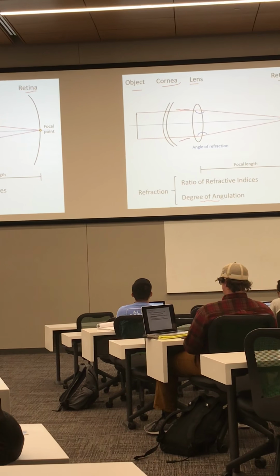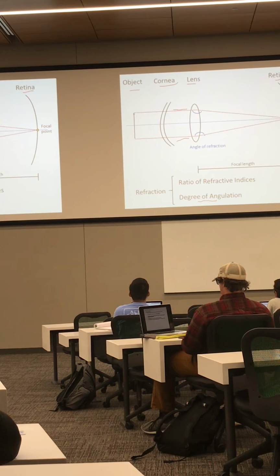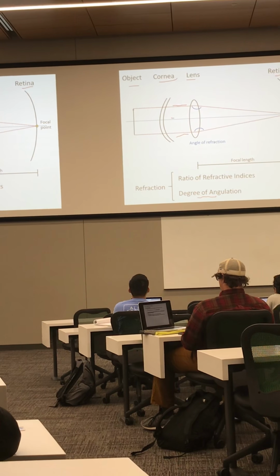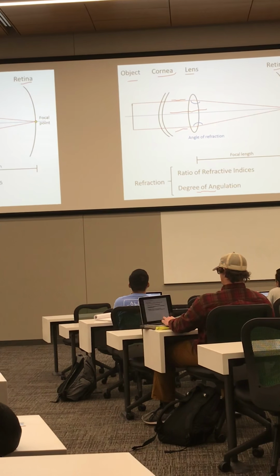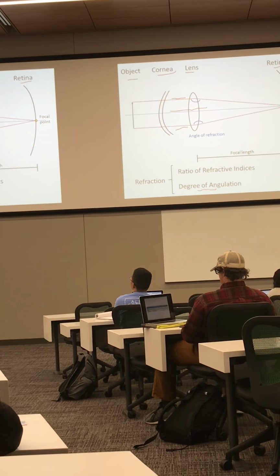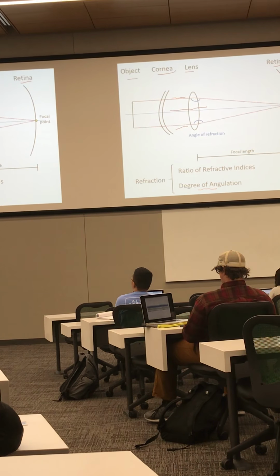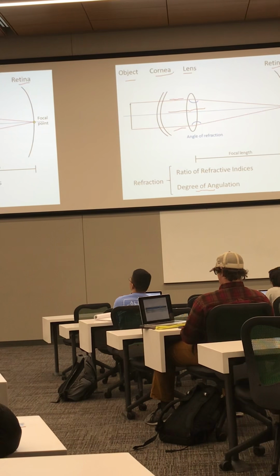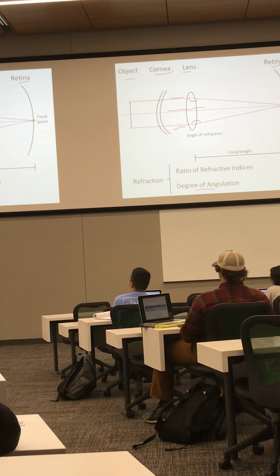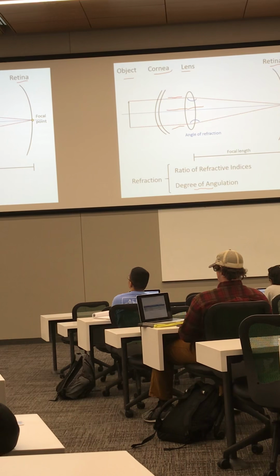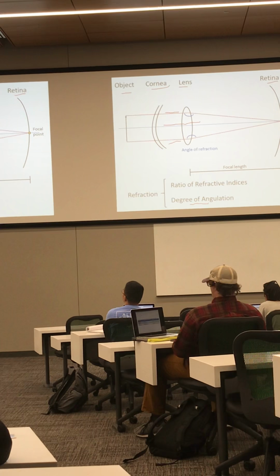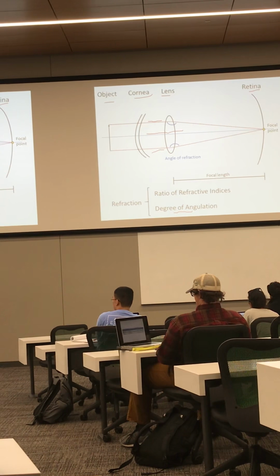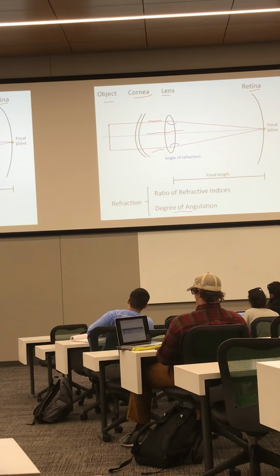But the ray that is arriving right through the center doesn't bend at all, because it is arriving perpendicular to the plane of the lens. When it arrives in an oblique manner, that is angulation, then it bends. And the more oblique it is, the more it's going to bend. So these two are the major factors that determine the refraction in a lens.